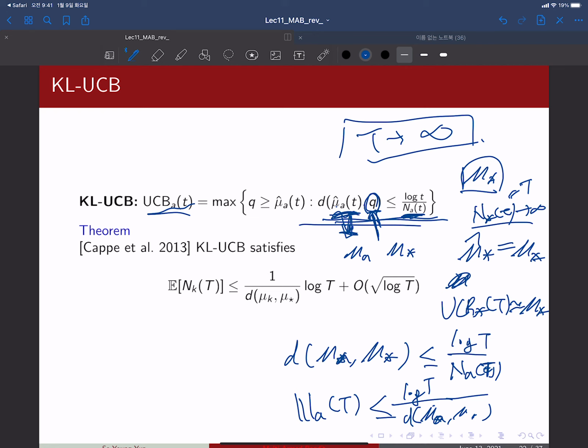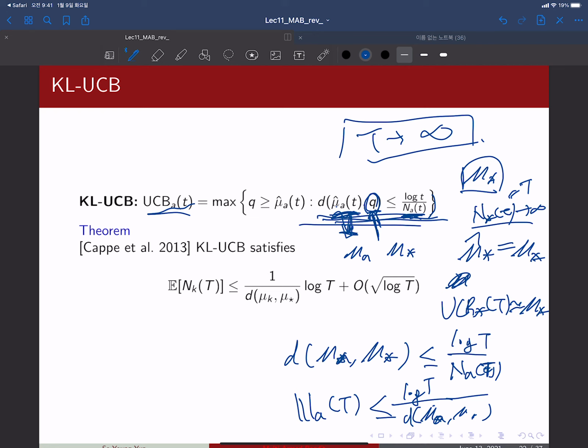In the asymptotic regime, as capital T goes to infinity, the regret becomes almost optimal due to this very well-balanced exploitation rule, and the rule comes from the very well-designed UCB value.